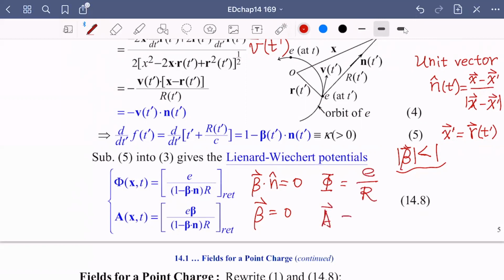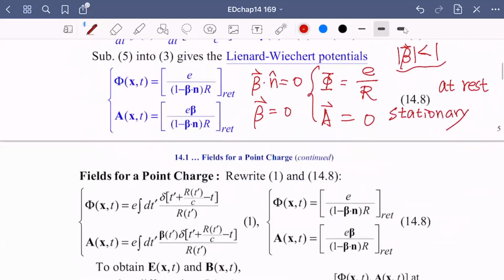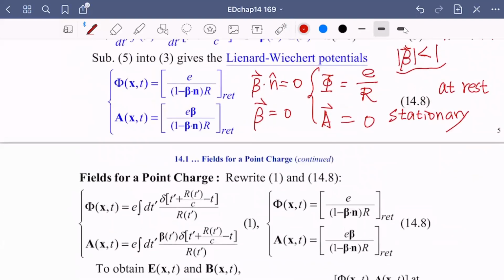A very simple stationary case, at rest. Yes, very easy and very convenient, very easy to understand.